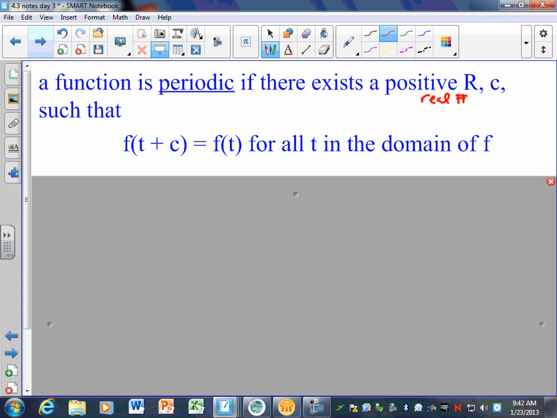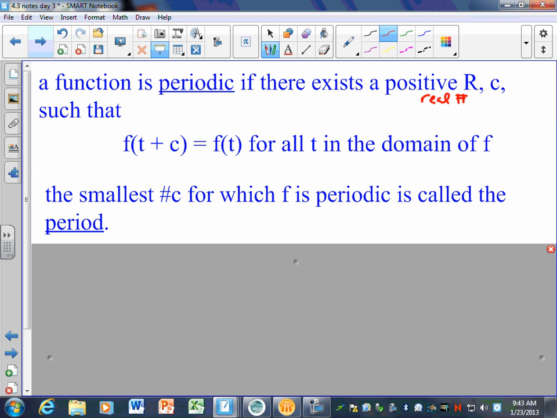And they're saying that if any function is periodic, when you add that positive real number to the original function, it's the same as the original function. And what we care about is what's the smallest number that C could be. And that smallest number that C can be, we call the period of the function.